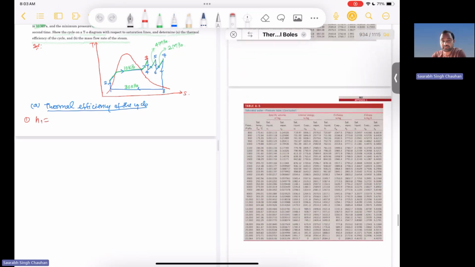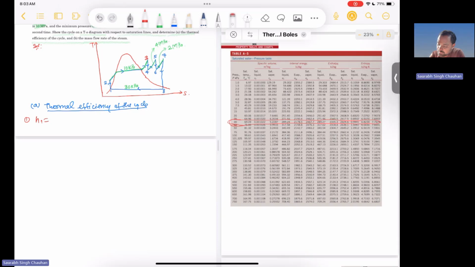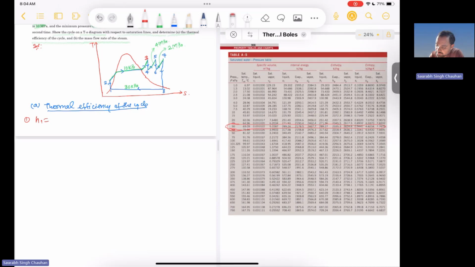At what pressure? 30 kilopascal. What we need is the enthalpy of saturated liquid.